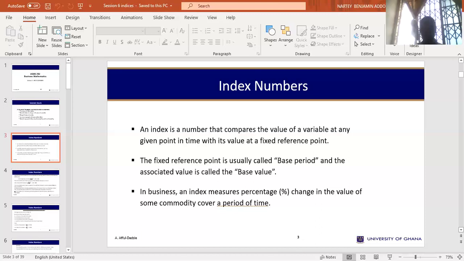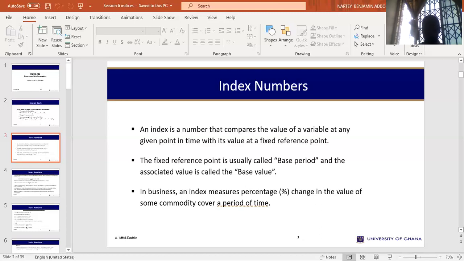So in business, an index number measures percentage change in the value of some commodity over a period of time. For example, if your salary in the year 2015 was 1,000 cedis and it has increased to, let's say, 1,500 in 2020, what will be the change?